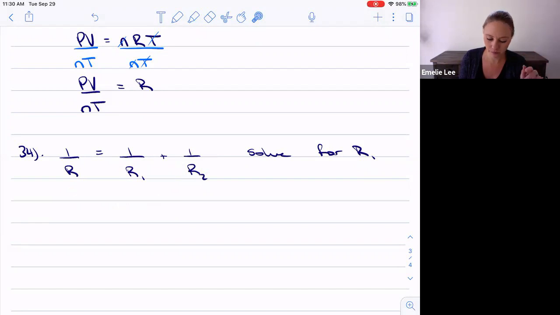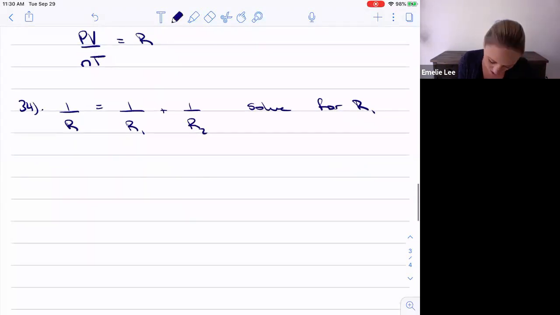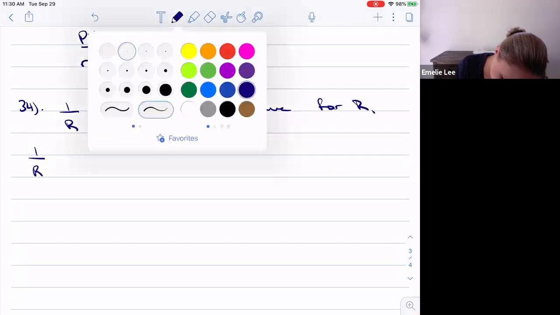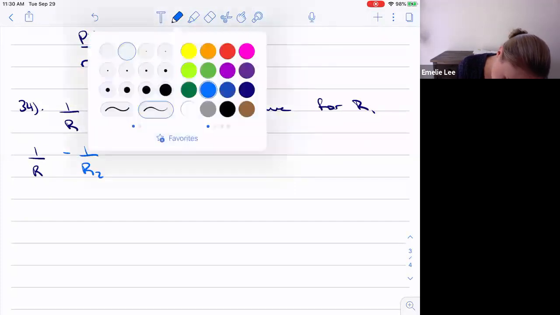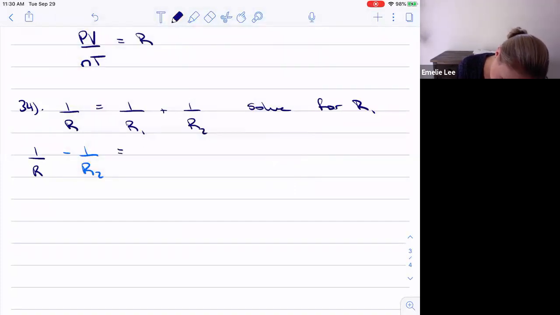However you want to make that switch is fine. 1 over R, and then I'm doing minus 1 over R2 on both sides equals 1 over R1 plus 1 over R2. And of course, same thing on this side, 1 over R2.